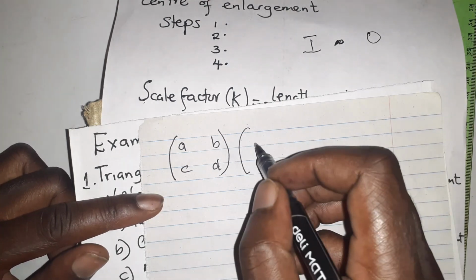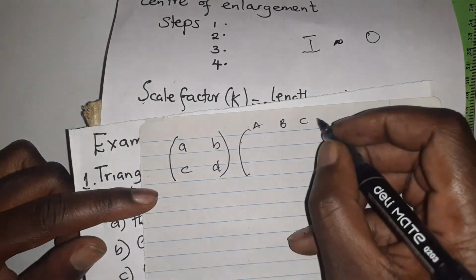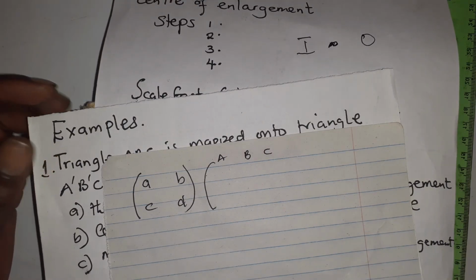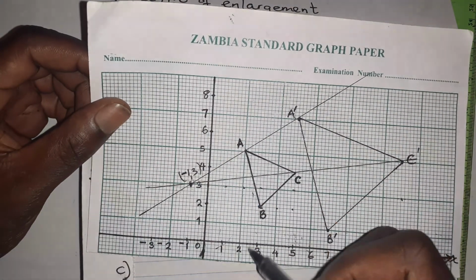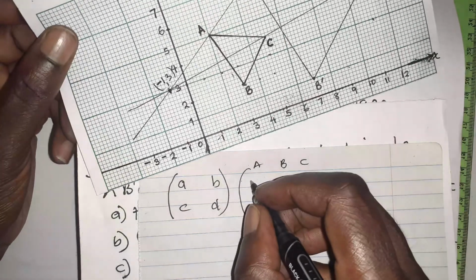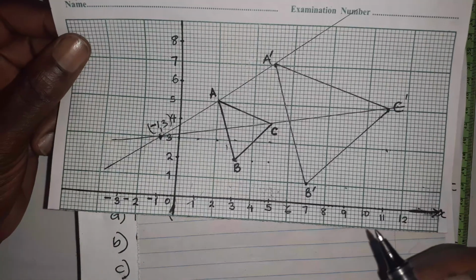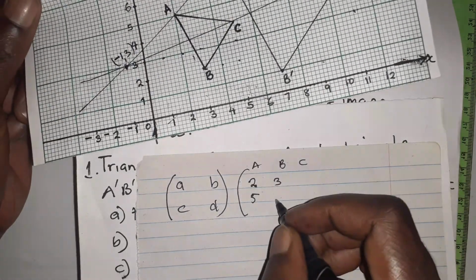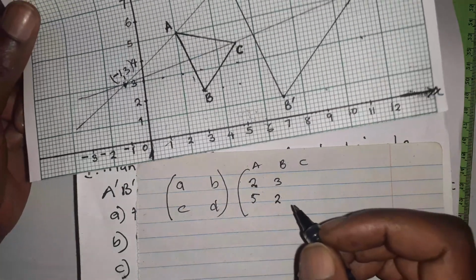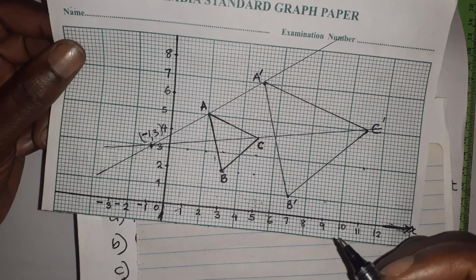So, for instance, we have A, B, and C. The coordinates of the object, for A, it's 2,5. 2 is the x coordinate, then 5. Then B is 3,2. Then our C is 5,4.